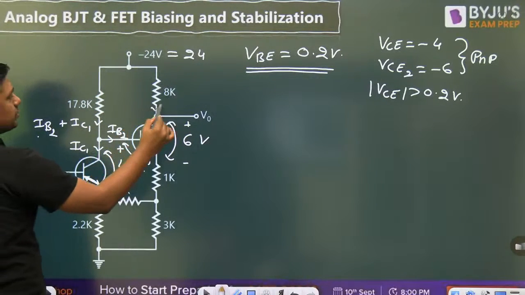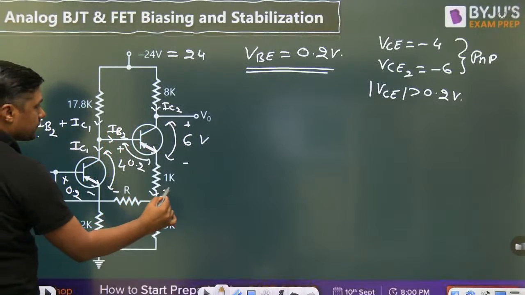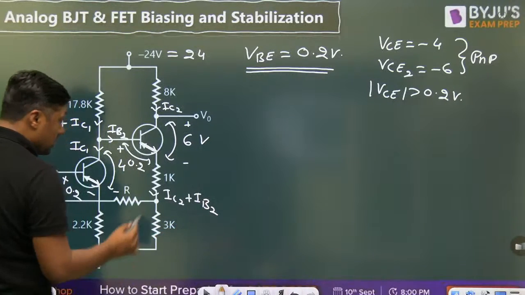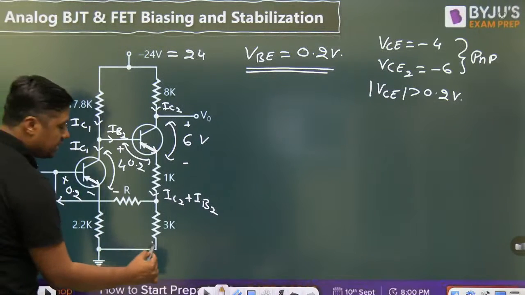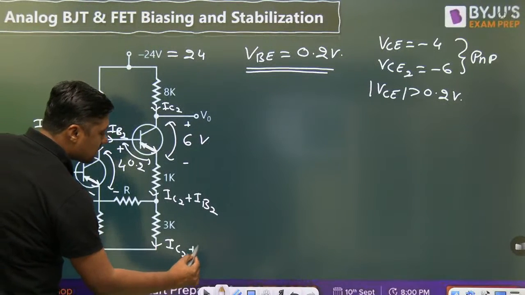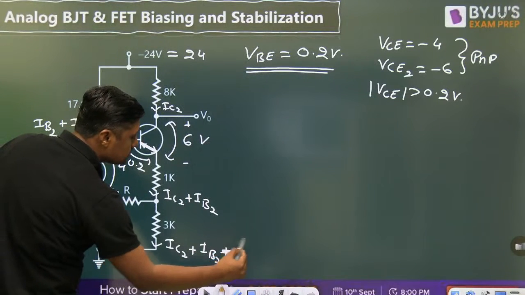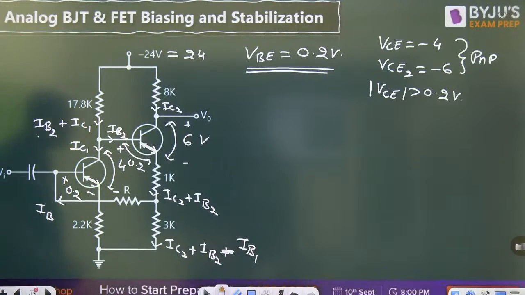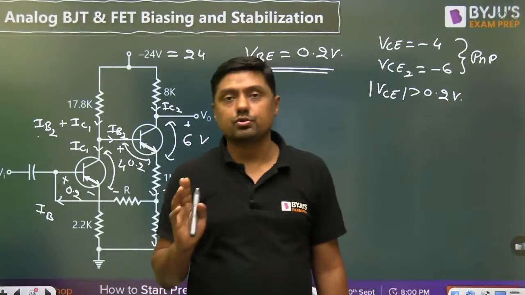This is IC2. What is the current here? IC2 plus IB2. Here, what is the current? IB1. This current will pass IB1. What is the current here? IC2 plus IB2 plus IB1 minus IB.